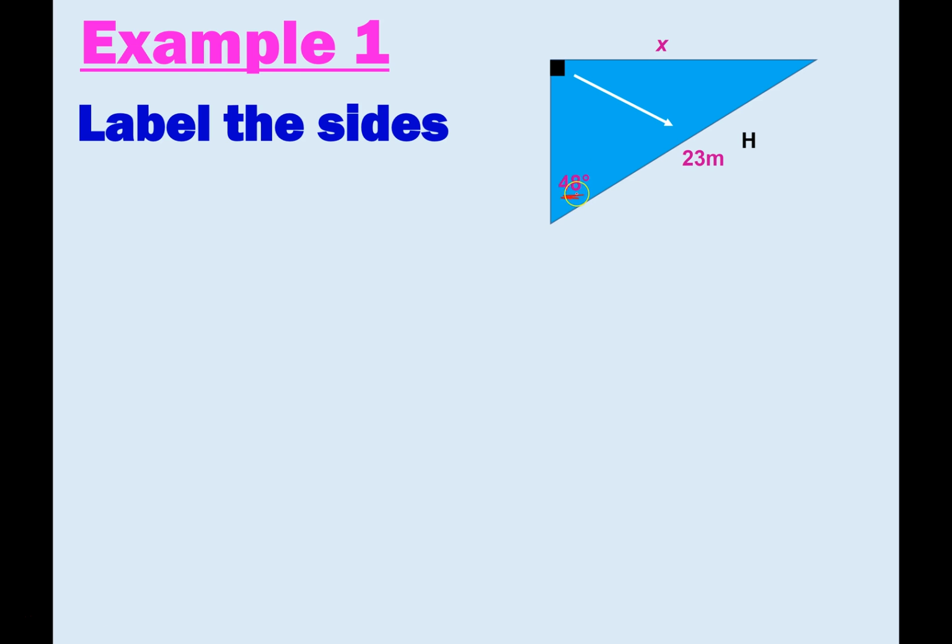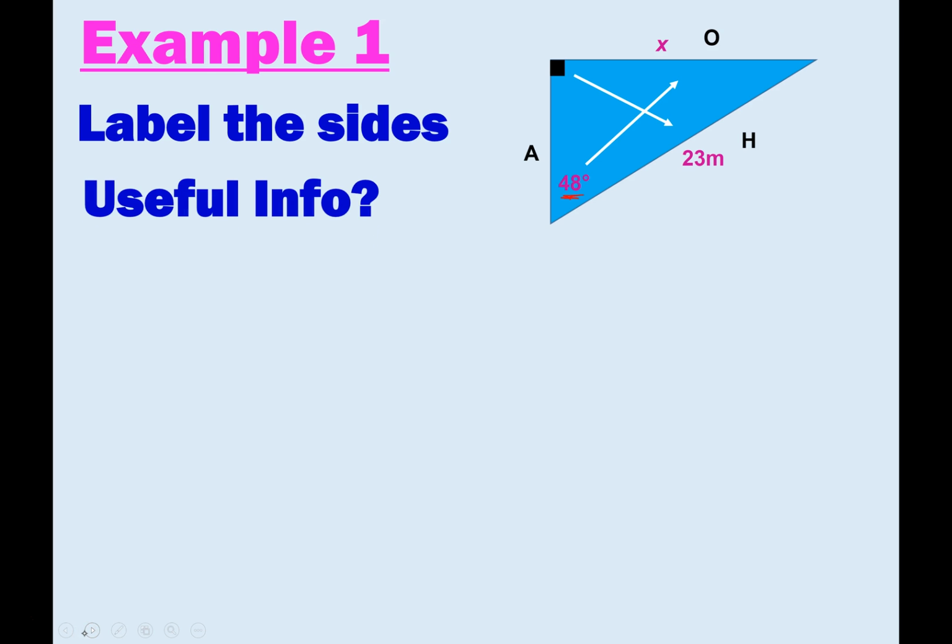And that will be the side that's opposite that. We call that our opposite side, okay? And so our leftover side, we've got the opposite, we've got the hypotenuse, so the leftover one here has to be the adjacent.